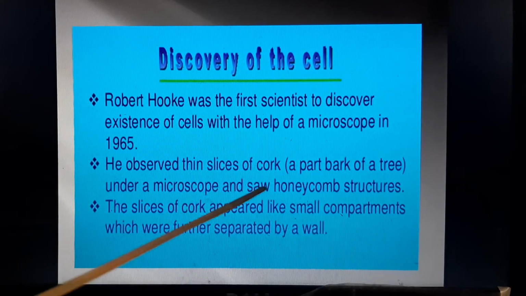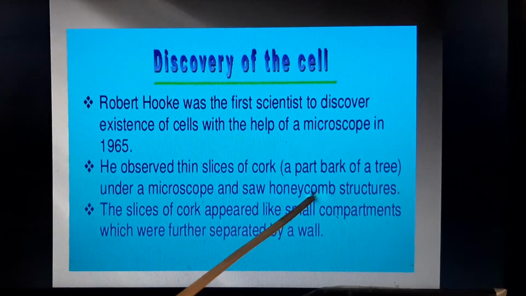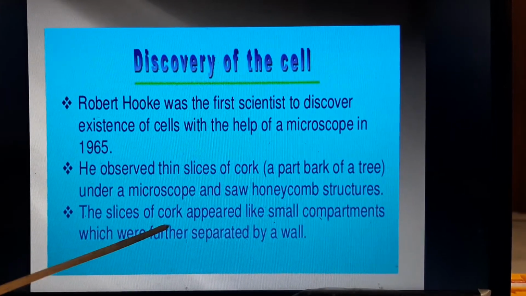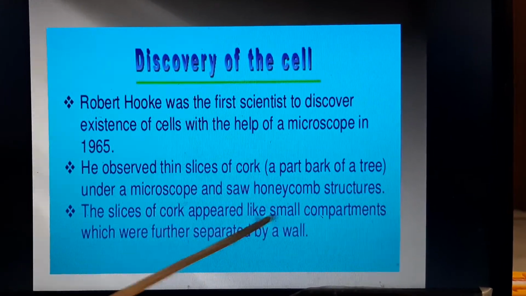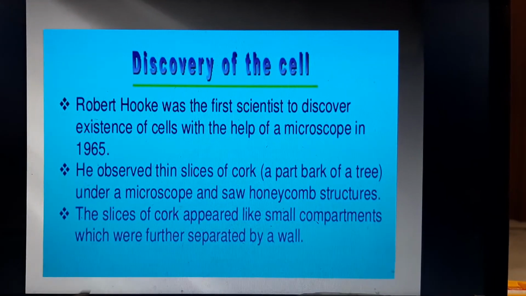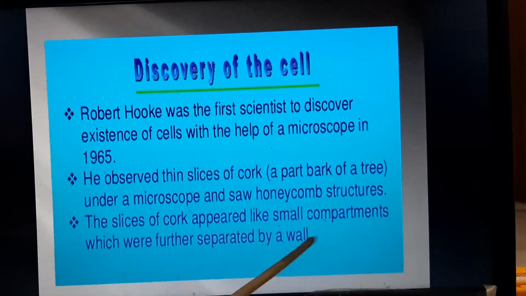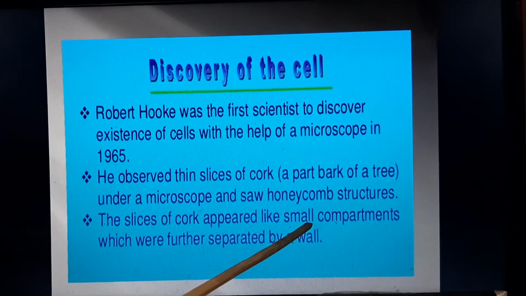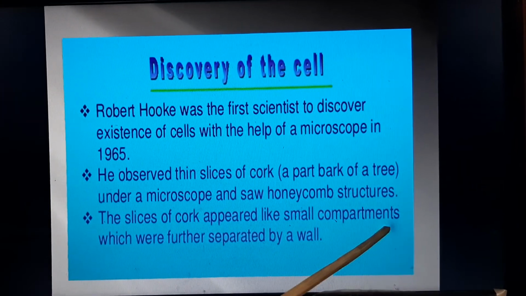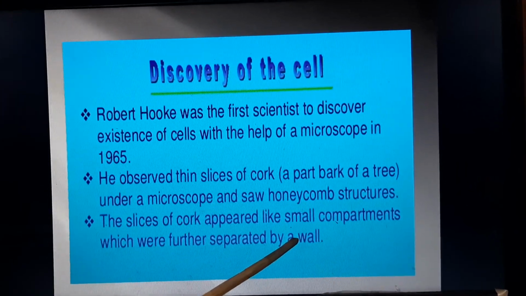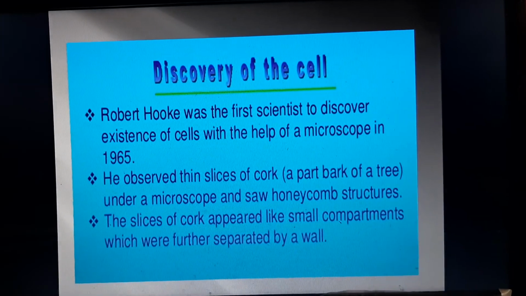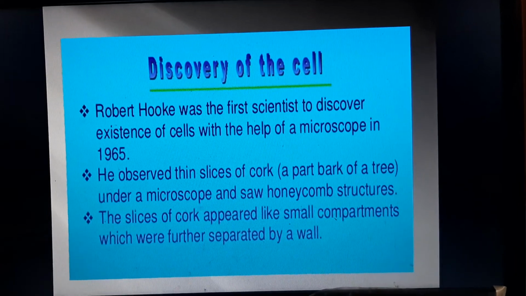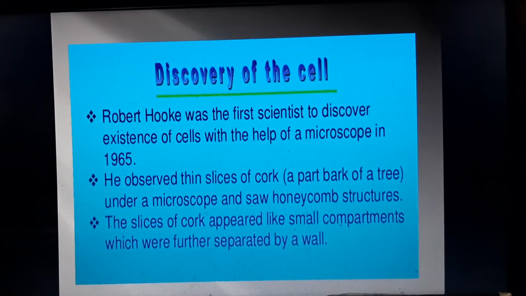The slices of cork appeared like small compartments which were separated by walls. So he found very small compartments which form a honeycomb-like structure.